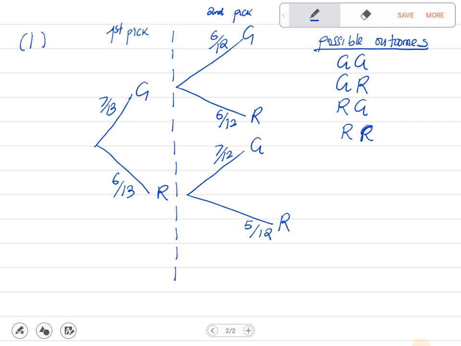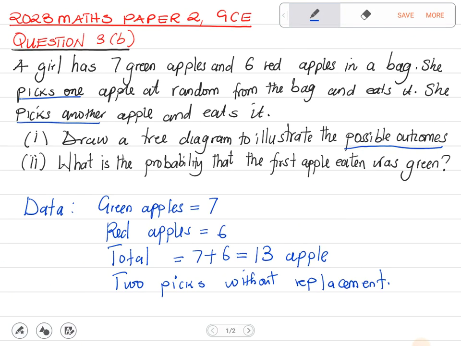Okay? Now we are going to answer B and under 2. And I want you to pay particular attention, because the question is specific. What is the probability that the first apple eaten was green? So we're just interested in green being first.